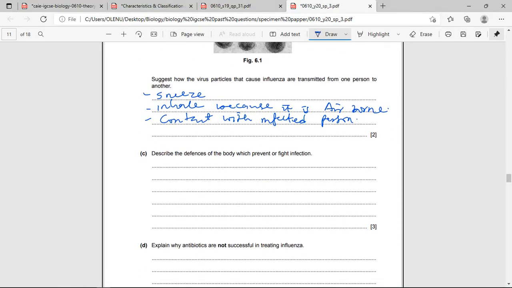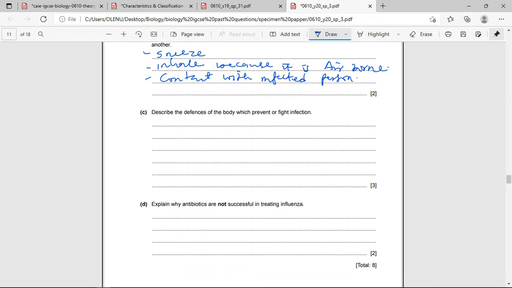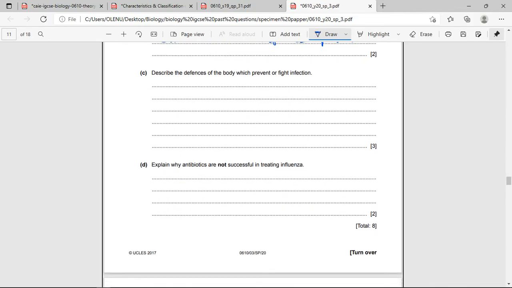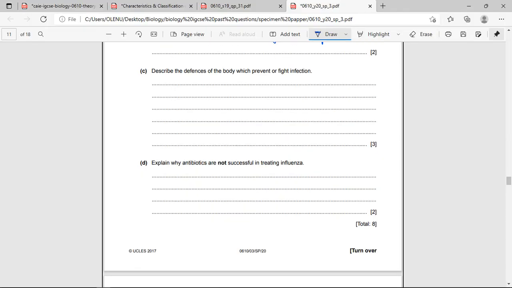Next, describe the defense of the body which prevents or fights infections. So how does your body help to fight off infections? We have mechanical barriers, such as your skin.